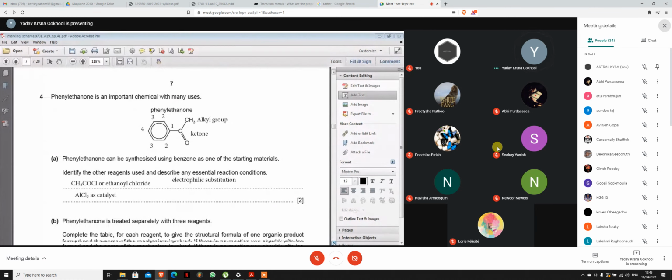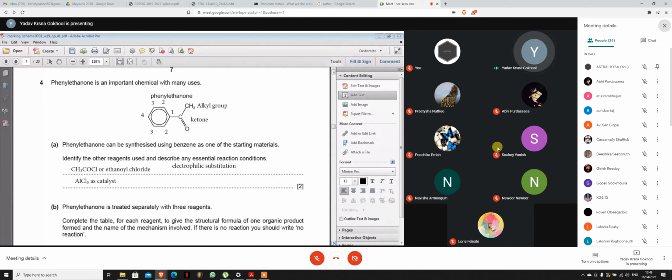Here now, phenyl ethanol. You can see we have an alkyl group, we have a ketone group, and now we have a phenyl group. Phenyl is also known as the arene, because we have an aromatic group.